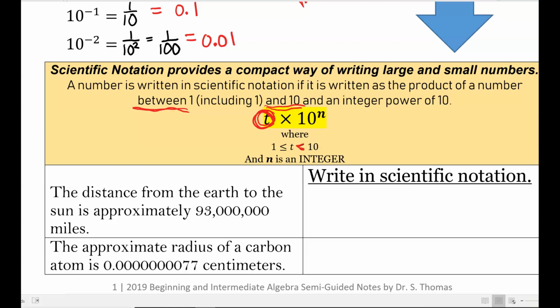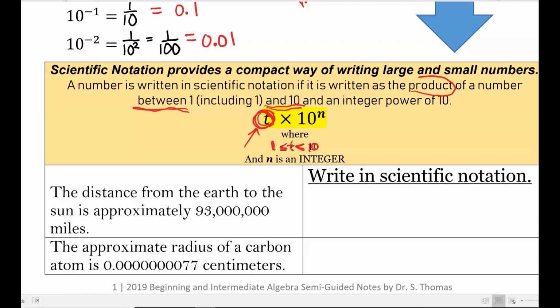So this is what this symbol means. This means the T here can be greater than or equal to 1, but less than 10. Normally you will have a decimal for T, and you have to have one number to the left of the decimal. And an integer power of 10. So you have a product.